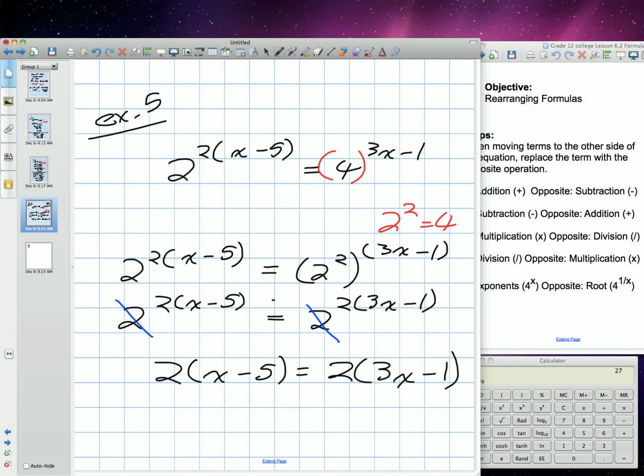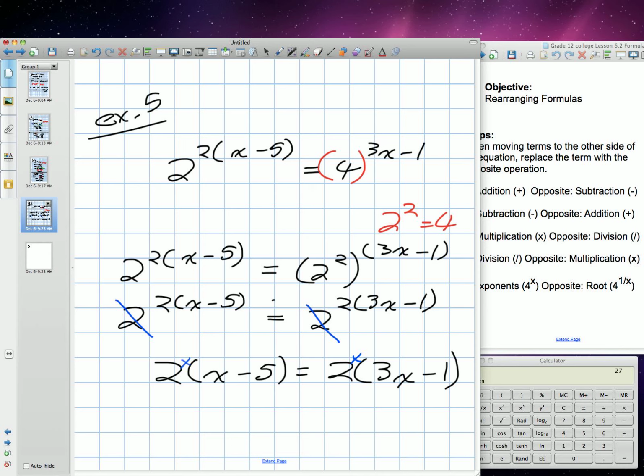Does anyone know a quick way to get rid of those 2's? Yes, that's right. Because each side of this equation is being multiplied by 2 here, if I divide both sides of the equation by 2, I can drop both those 2's off. Now, if you don't understand that idea, you can use distributive property.